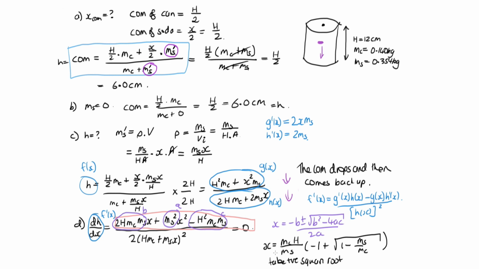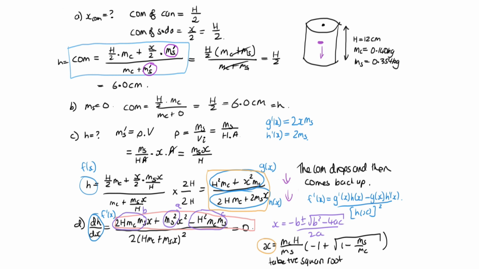So now we have x, and once we have x, the question actually asks us to find the center of mass, so h. So what we need to do then is substitute our expression for x, which we have calculated here, back into this expression here for h.